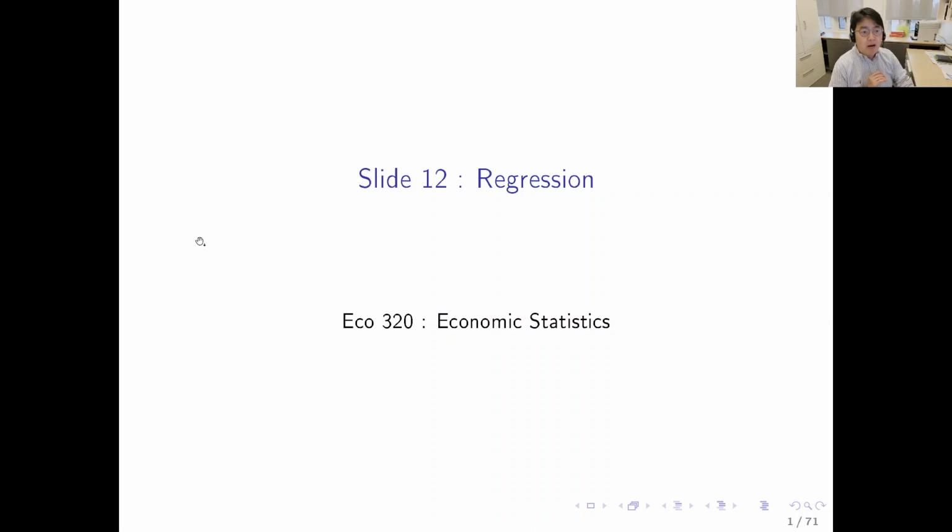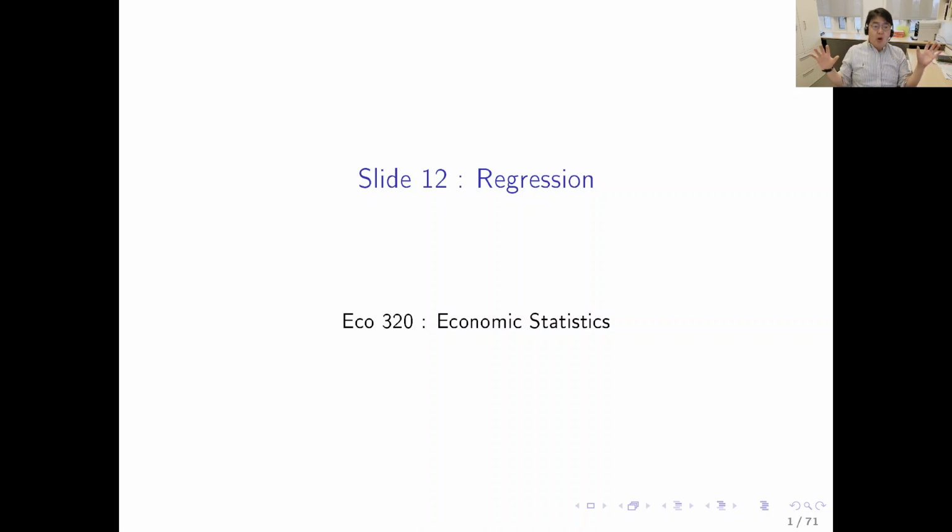The regression model is the ultimate goal of this course. The reason why economic statistics is required for econ majors is because you need to understand how regression works to learn advanced courses like labor economics, industrial organization, international trade, banking, health, environmental.